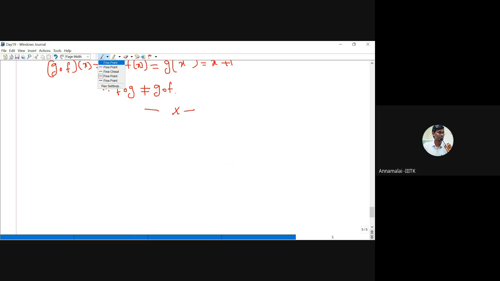Let me fix one element a in the group G. Now using this a, I define a new function f suffix a from the group G to the group G. Suppose f a of any element small g maps to a g a inverse. Here a is a fixed element.